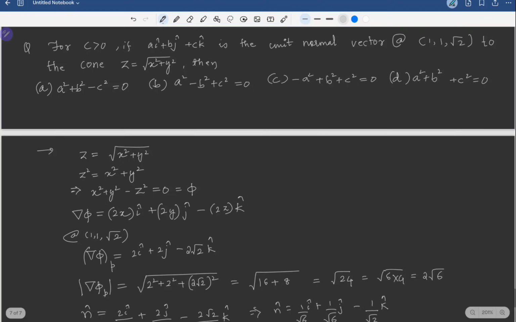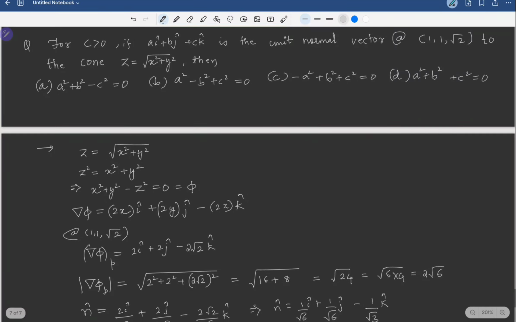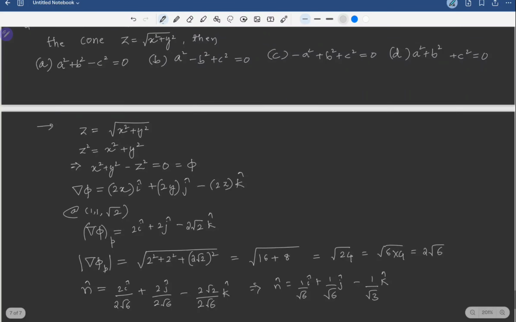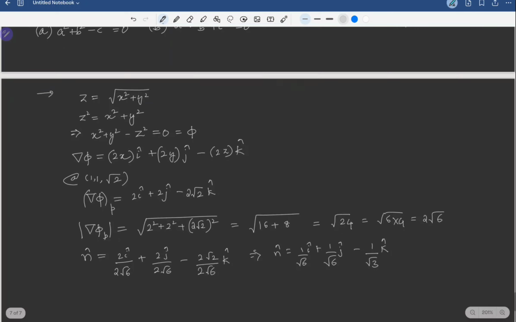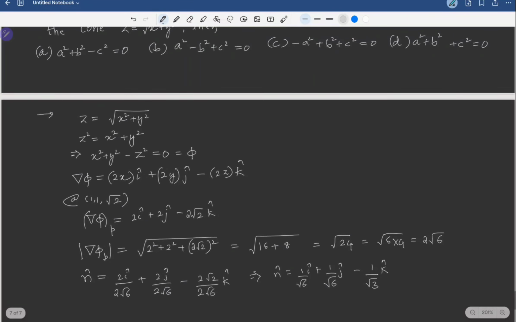What we are given in the question: if a i cap plus b j cap plus c k cap is the unit normal vector, we got the unit normal vector here, then we have to check the options separately. So we need to be smart here.